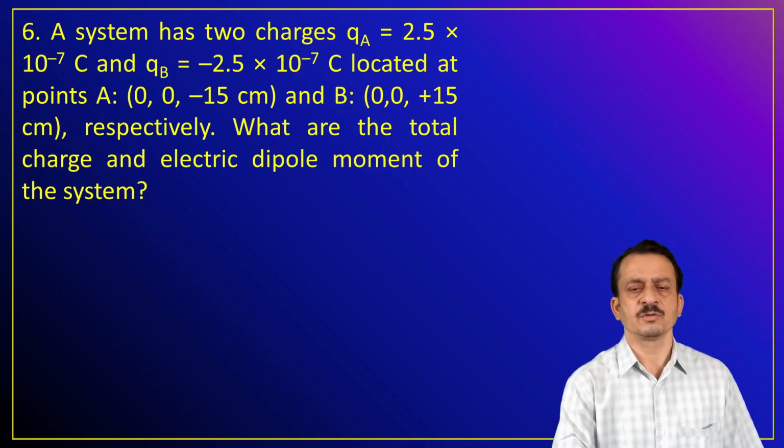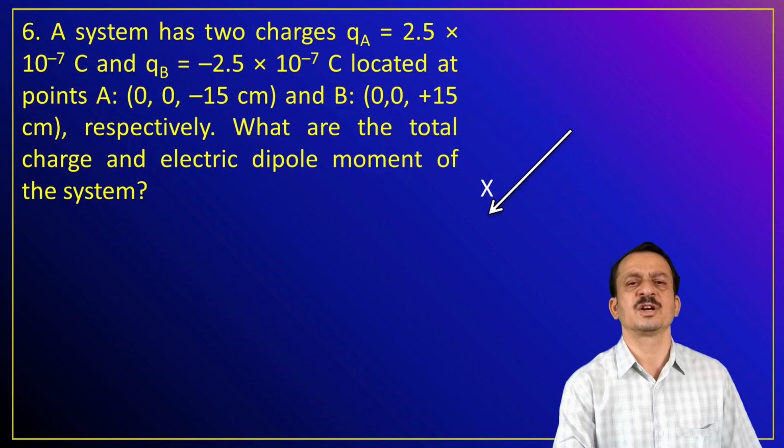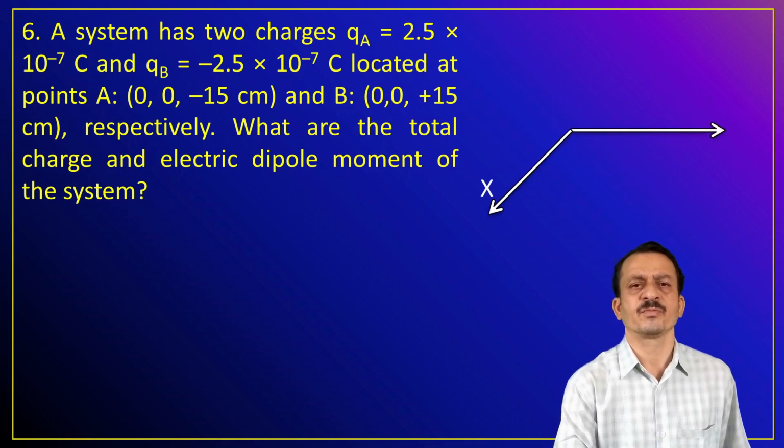Okay. Now for that one we will have the diagram. Now we have the x-axis. Look at the diagram, and we have next the y-axis. Now the z-axis is taken upwards, positive of the z-axis it is. Okay. Now at the center we have the origin.